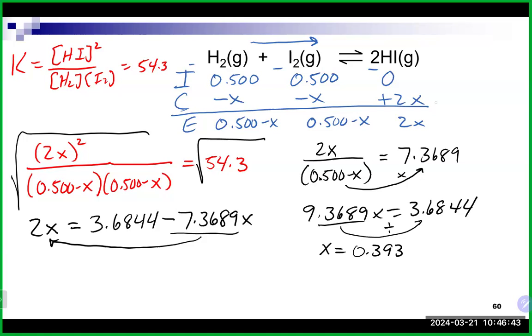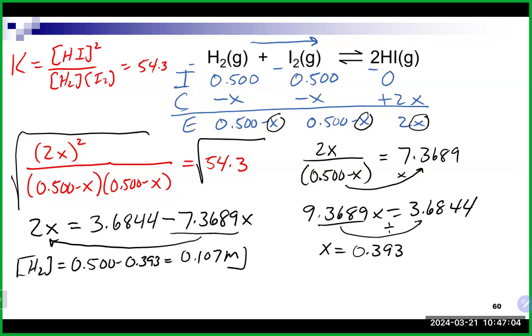At this point, that is definitely going to be our x value, and we're going to put it into each of these spots here. That means the concentration of H2 will equal 0.5 minus 0.393, which gets us 0.107 molar.